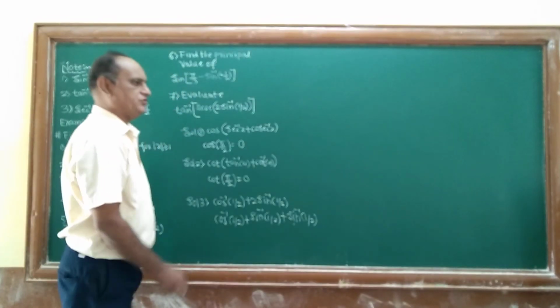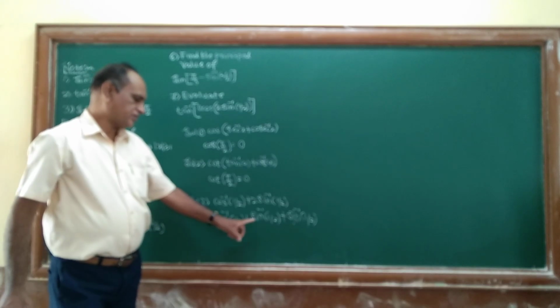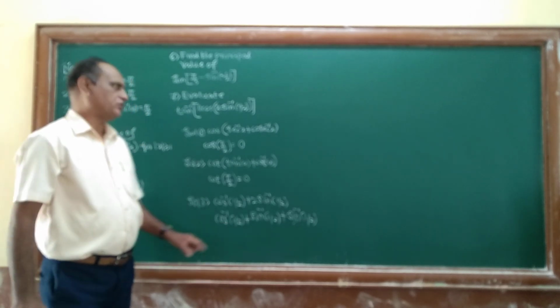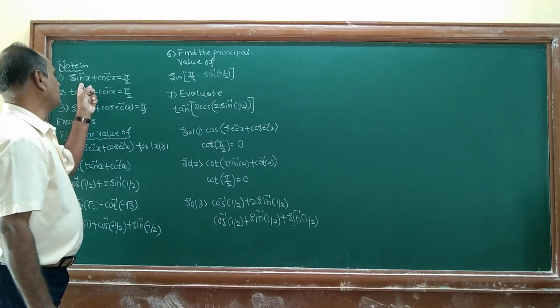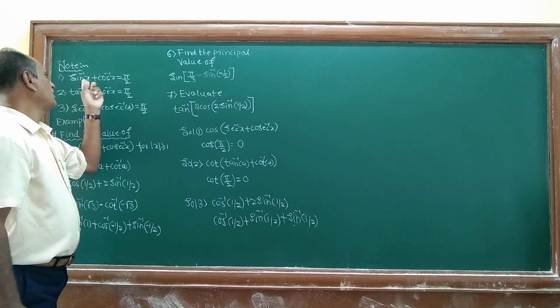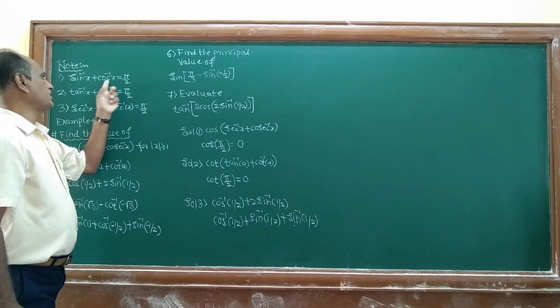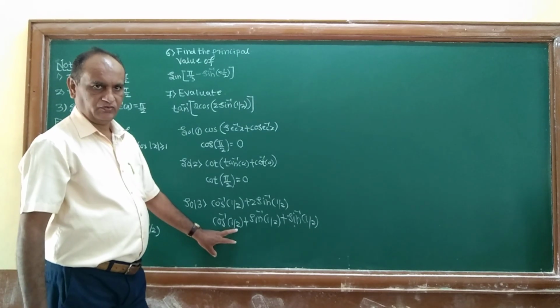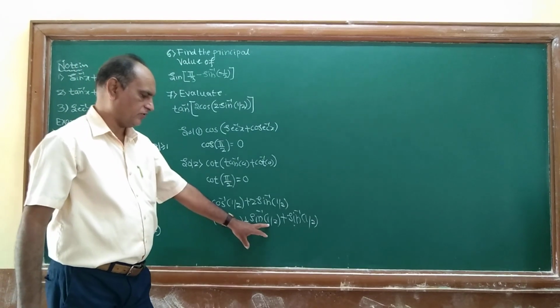So you have to use the relation of sin inverse 1 by 2 plus cos inverse of 1 by 2, that is sin inverse x plus cos inverse x. Here let the value x be 1 by 2.